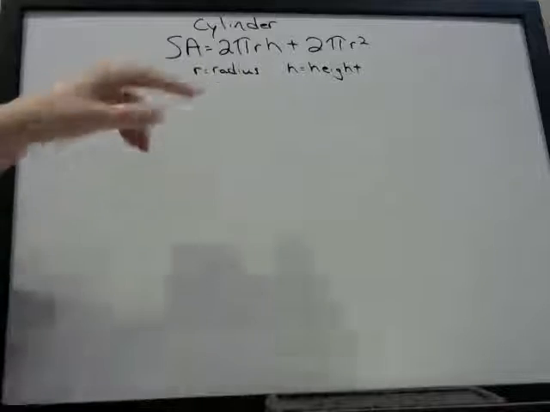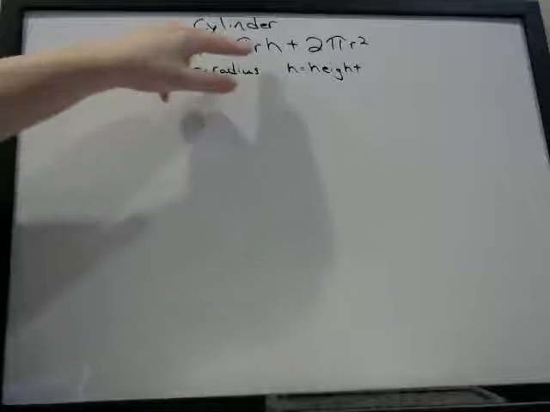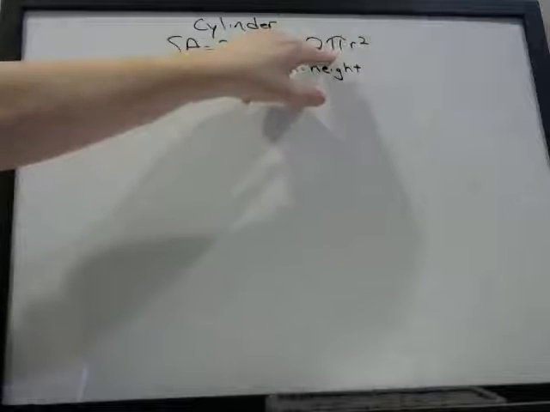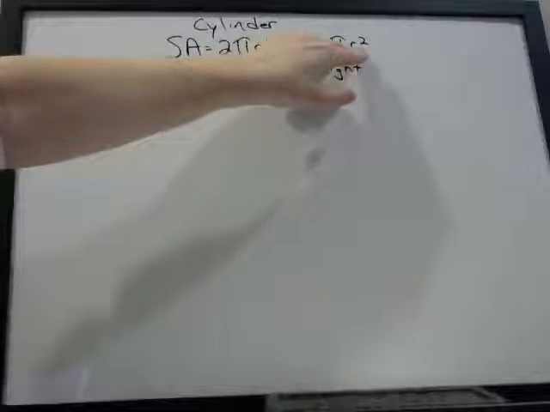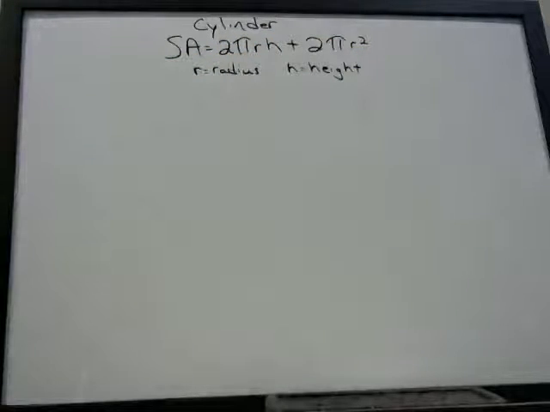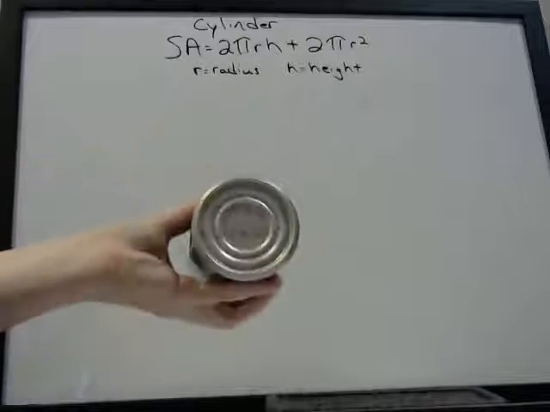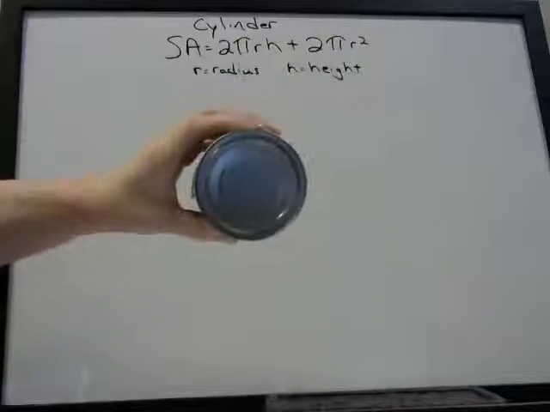What you want to do is understand where these components come from, because it will help you in solving these problems. So we're going to start over here, 2 pi r squared. You'll note that the top of this is a circle. So is the bottom. These circles are the same.